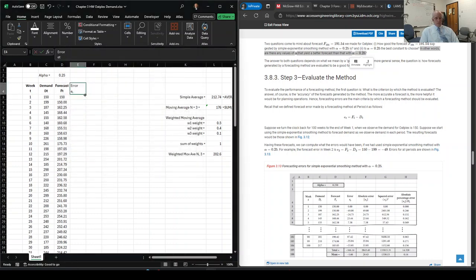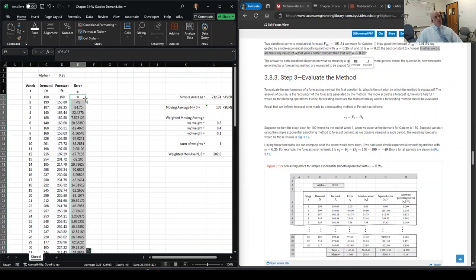That makes it a little bit better visually. And what's the error calculation? If I go back to the book, forecast minus demand. So we're just going to do a straight forecast minus demand all the way down. Do some formatting.